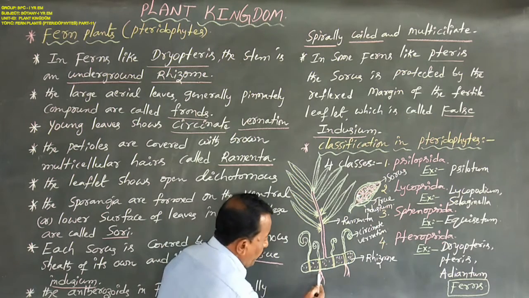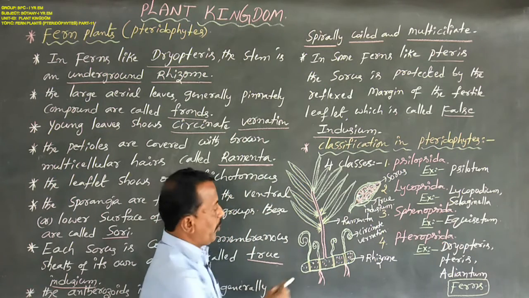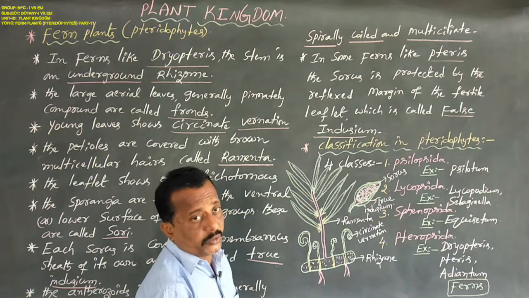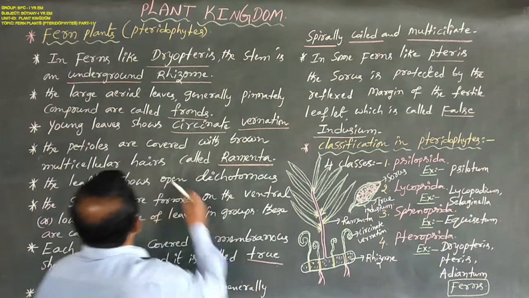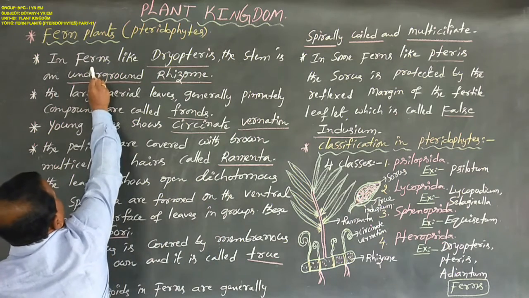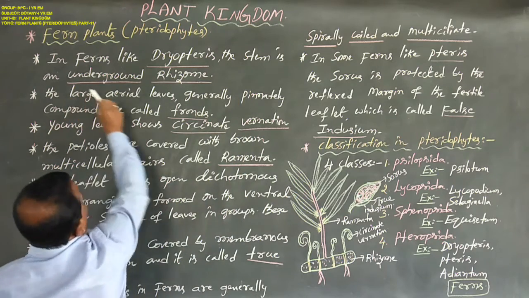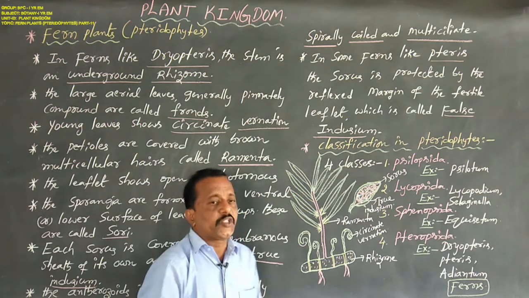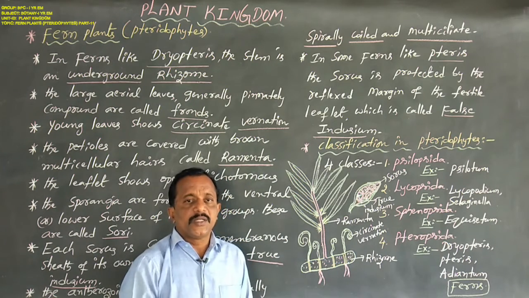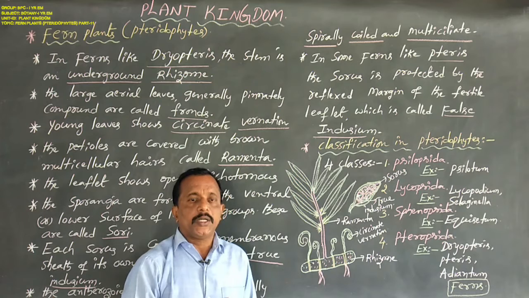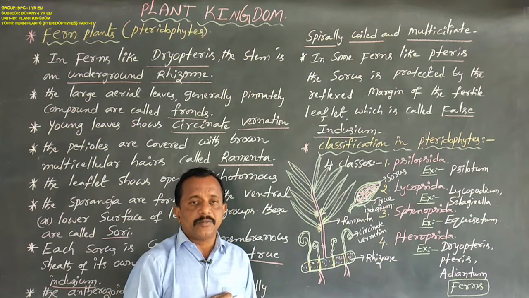At the same time, adventitious roots are produced. So this is an underground stem. Now, in ferns like Dryopteris, the stem is an underground rhizome. Generally in higher plants the stem grows aerially, that is an aerial stem.